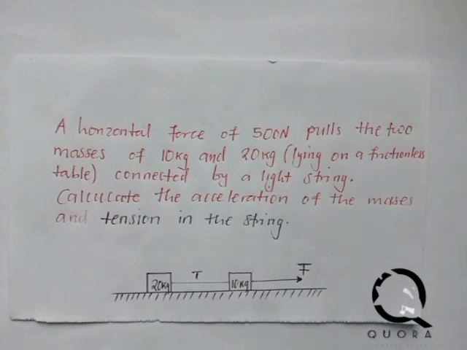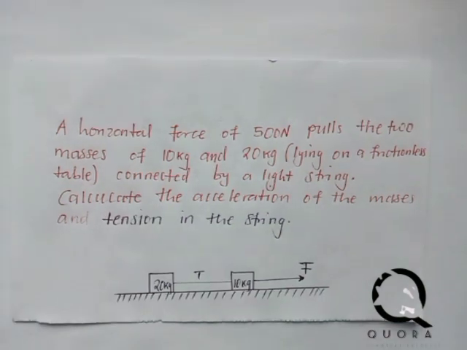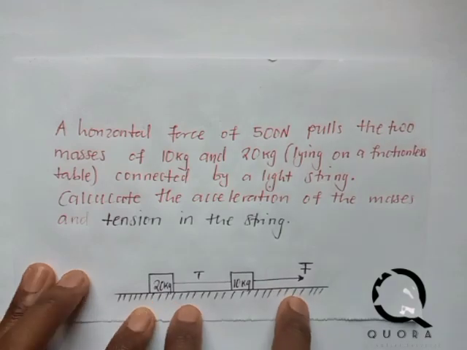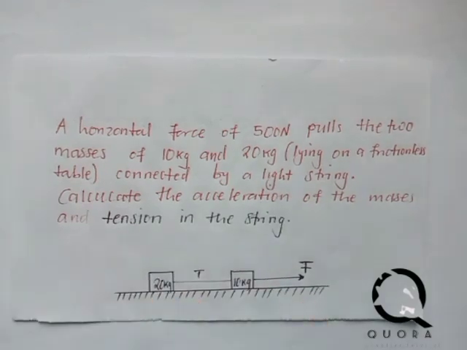Here basically we are going to use the second law of Sir Isaac Newton, which says acceleration has to be directly proportional to the force applied, provided the mass is constant. So let's try to understand what is happening here and what formula we are supposed to use.